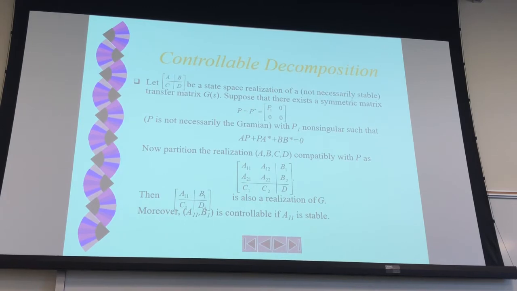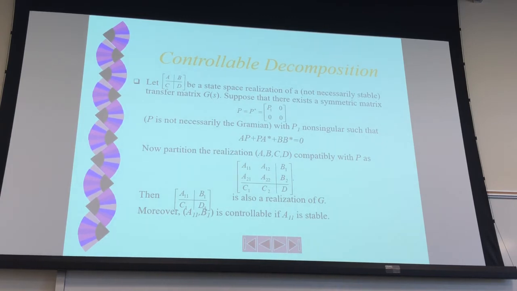So we have learned you have A, B, C, D. You can always take a symmetric matrix P, where P equals P transpose. Here P again has nothing to do with the previous P as Gramian. It may not be positive definite. So there is a nonsingular P1 such that it solves the Lyapunov equation.